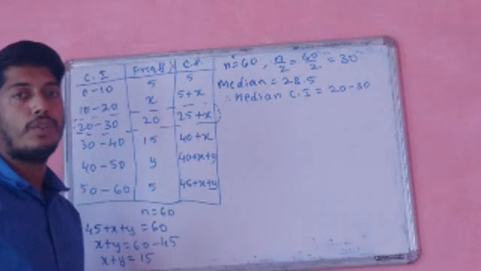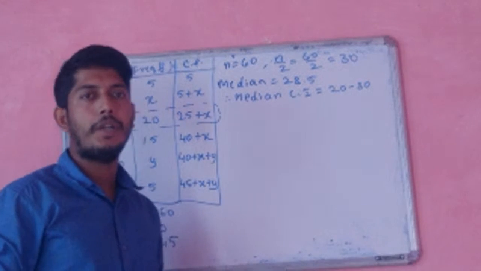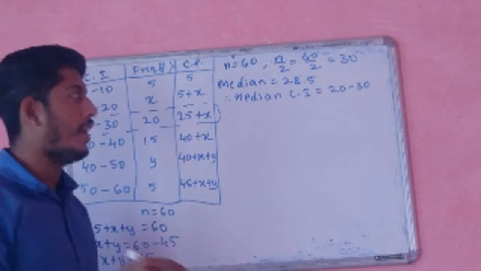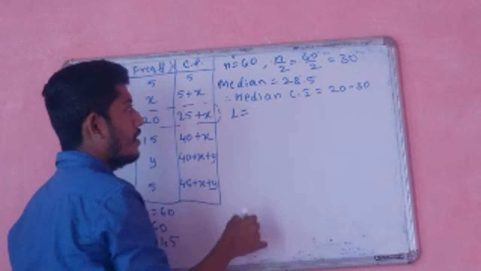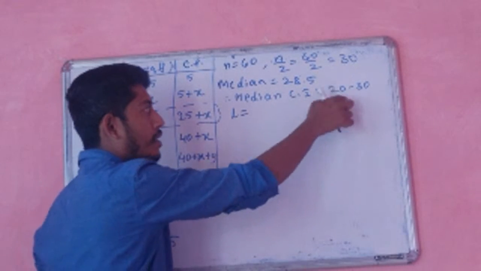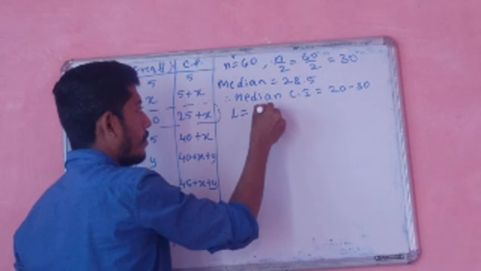Now based on this we have to find the remaining terms. We got the value of n by 2 and the median class interval. Next we find small l, the lower limit of the median class interval. The class interval of the median is 20 to 30, so the lower limit is 20.